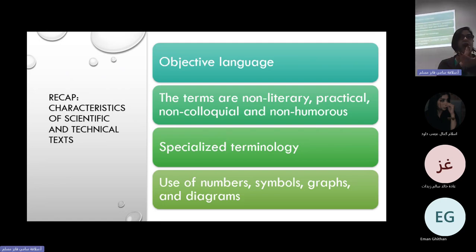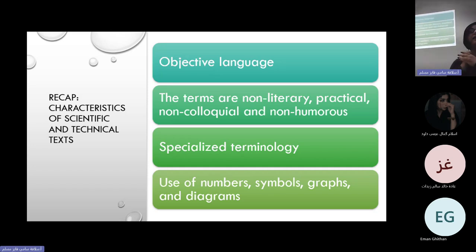They are direct. It's a direct language. They are not literary translation. They are practical. They are not colloquial like in literary translation. You cannot use colloquial language. It's not professional in an academic or technical or scientific setting.